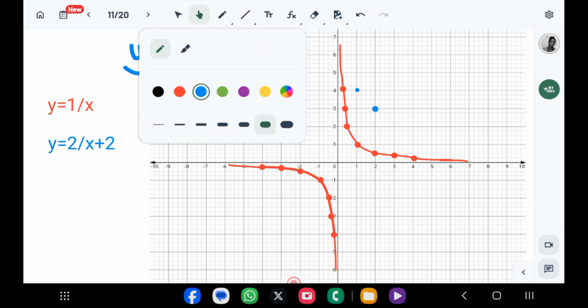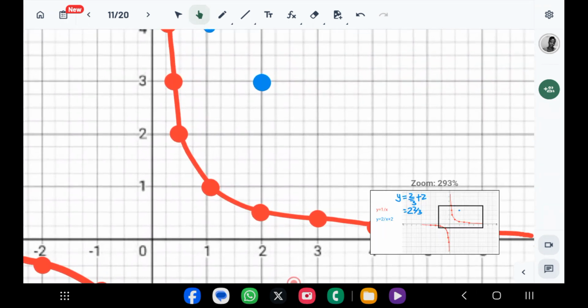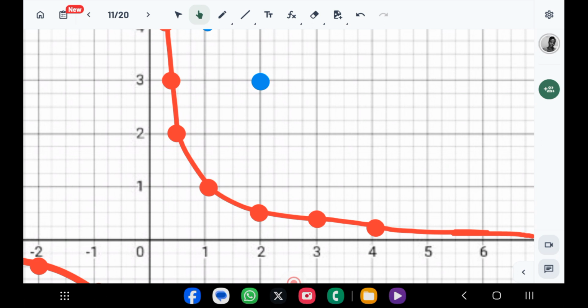Let's plot that point. 2/3 is just less than 2/2, just over a half. So that should be somewhere there.